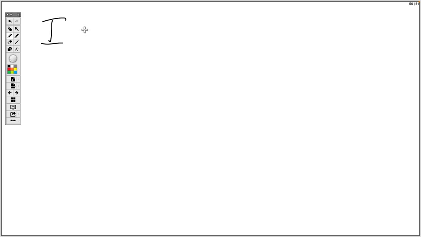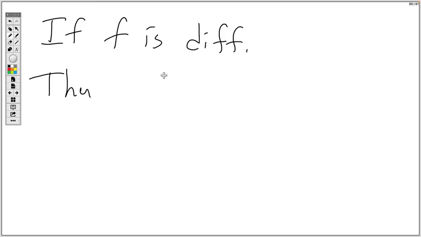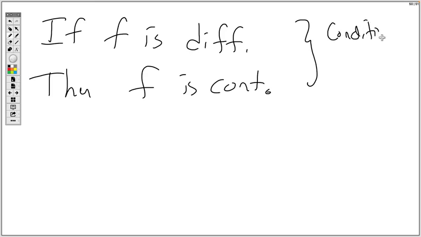If f is differentiable, then f is continuous. So this is a logical construction called a conditional statement. Anyone take logic at all? Logic is kind of like the backbone architect of how mathematicians frame their arguments. Okay, so this is a conditional statement.